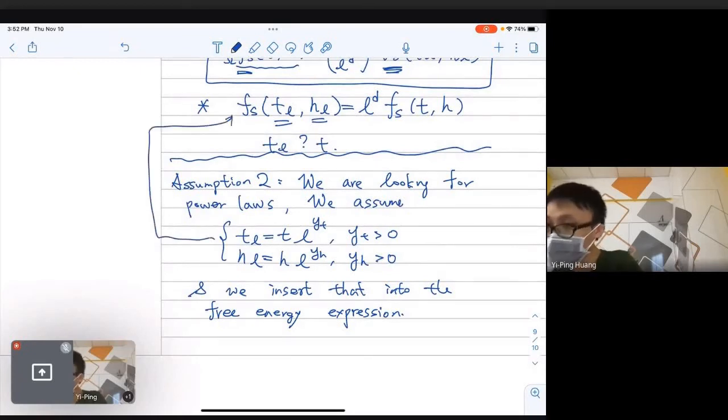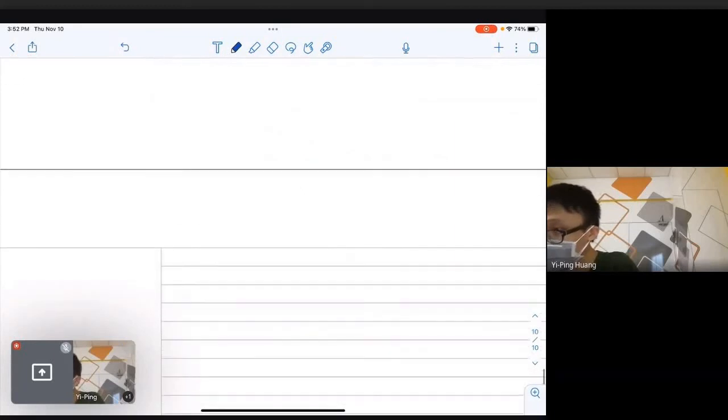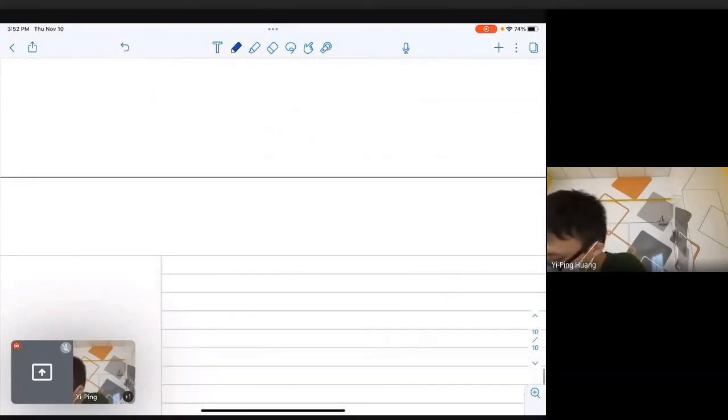Okay, so I'll just write it down. What you will get is the singular part of your free energy. It looks like this.